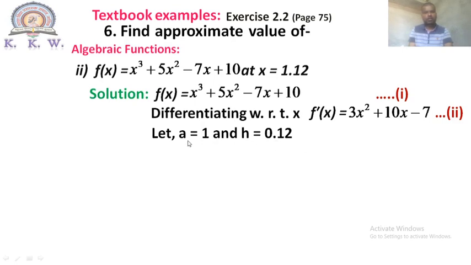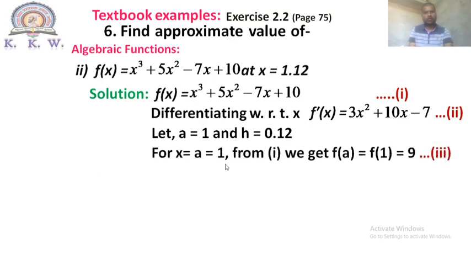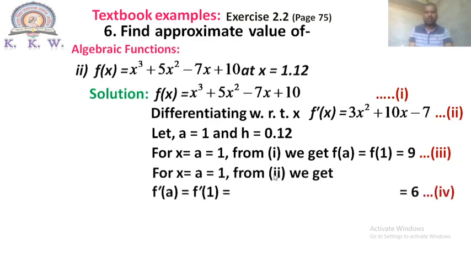At x is equal to a is equal to 1, f of a is equal to f of 1, which is 1 cube plus 5 into 1 square minus 7 into 1 plus 10. By calculating this, we get f of 1 is equal to 9. And f dash of a is f dash of 1, which is 3 into 1 square plus 10 into 1 minus 7. We get f dash of 1 is equal to 6.